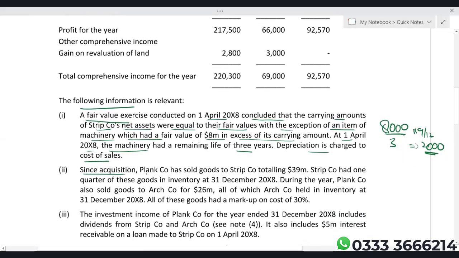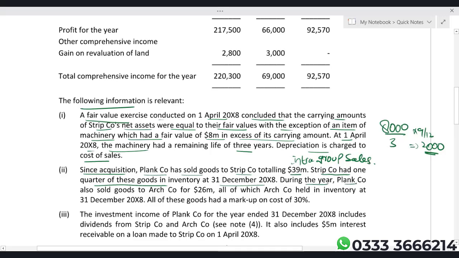Since acquisition, Blank company has sold goods to Strip company totaling 39 million. So this is an intra-group sale, and it will be eliminated gross, meaning 39,000 will be deducted from the sales, and it will also be deducted from the cost of sale. Strip company had one quarter of these goods in inventory on December X8.